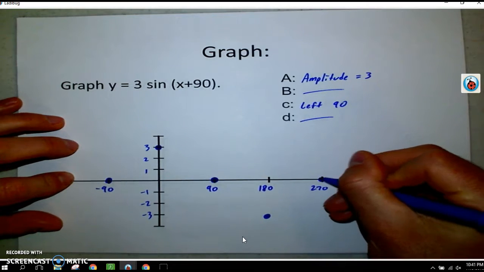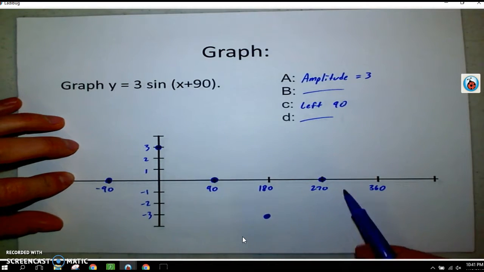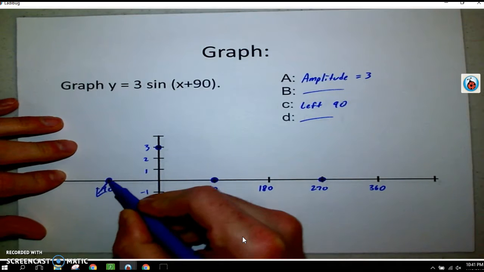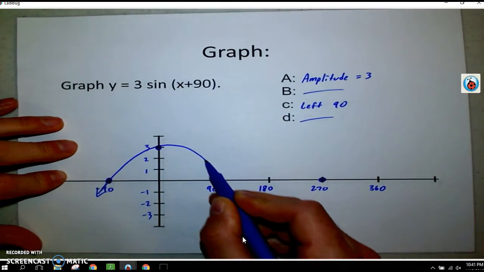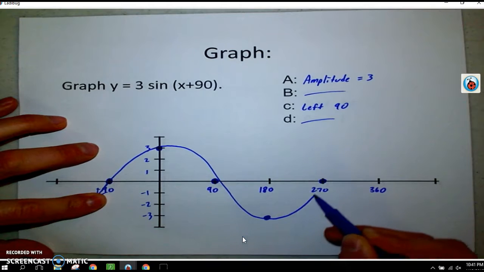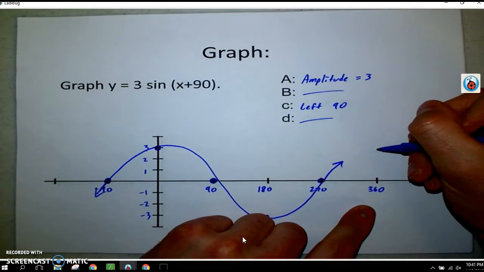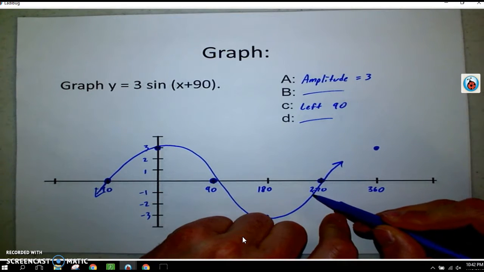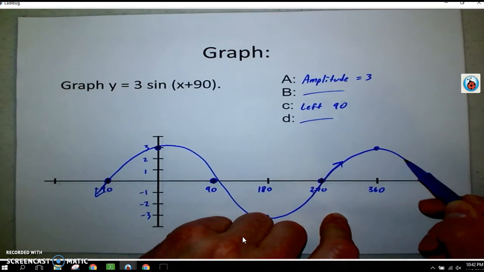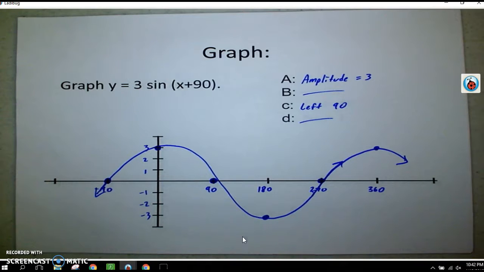And at 270, I am back to 0 to complete one period of my function. So I will connect now. And if I needed to, I could get this next point. I'd just go up to +3 at 360. Would continue like such. So there we go.